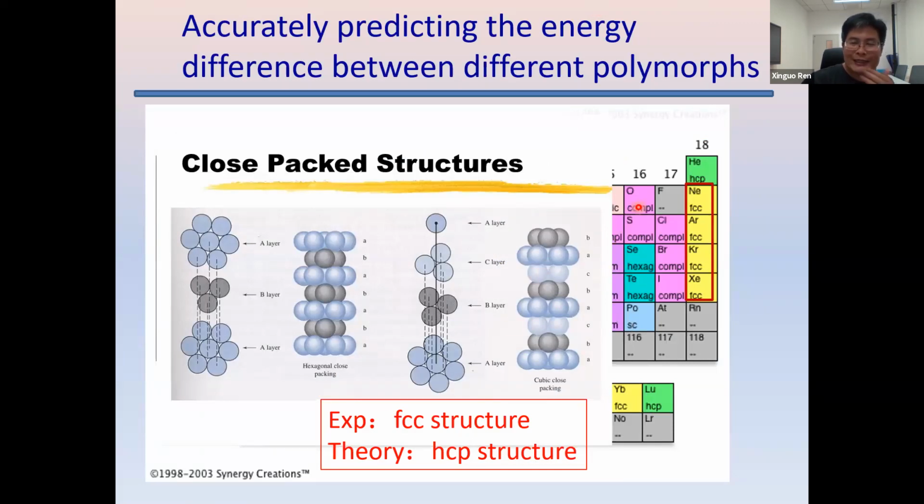Again, this is the third example, about the phase structure of the rare gas crystals. The interesting question is that these rare gas atoms, when they crystallize as you lower the temperature, prefer to crystallize in the FCC structure, but not in the HCP structure. The question is why. A lot of theoretical calculations cannot correctly describe this phenomenon and give the wrong energy difference.